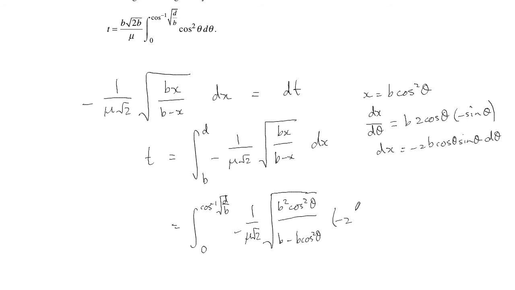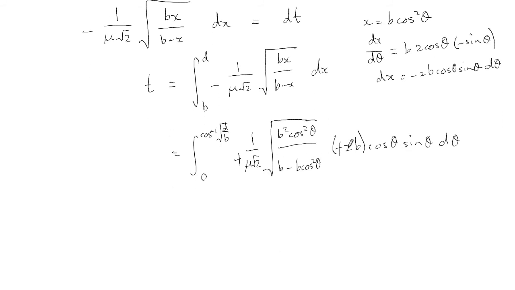Times negative 2b cos theta sine theta d theta. Now that negative will cancel with that. We've got the 2 divided by root 2 makes root 2, and let's actually bring that out the front. So we'll have a root 2 over mu. So I've just combined that 2 and all of that and taken it out.